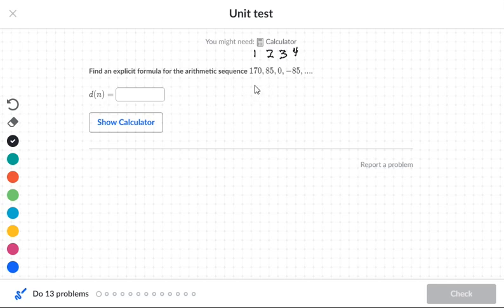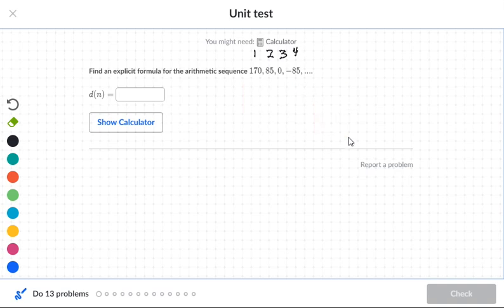Looking at these first, we notice that the numbers are getting smaller. From 170 to 85, from 85 to 0, from 0 to a negative 85. So the big tip off here that really tells me what's happening is the 85 to the 0. Let's do it this way.